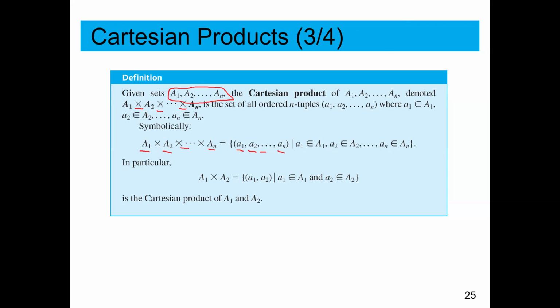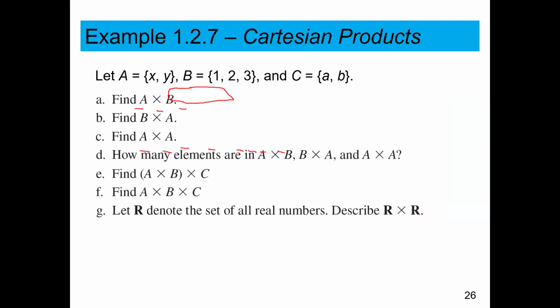So let's look at an example and actually practice creating these. Let's just look at the first 4 for a second. We'll come back to the others. If I want to know what is A cross B, that means I am going to literally make a bigger set of elements.